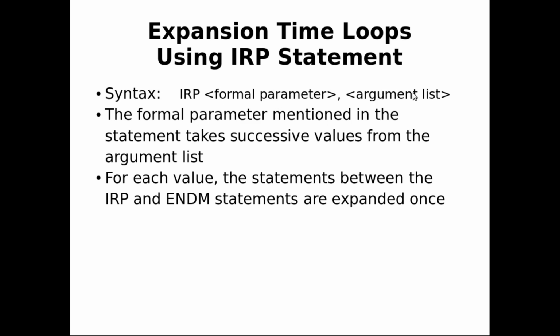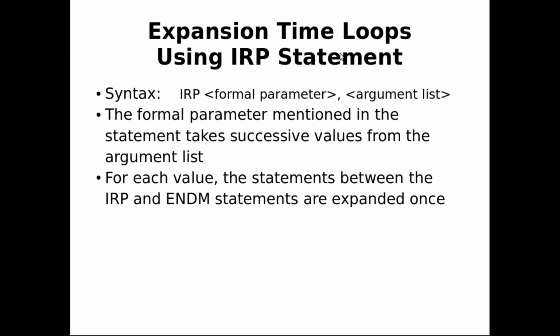So if there are 3 arguments in the list, the formal parameter will first take the value of the first argument, and it will process the statements between the IRP statement and the ENDM statement. Next, it will take the value of the second argument and again process the statements between the IRP statement and the ENDM statement.